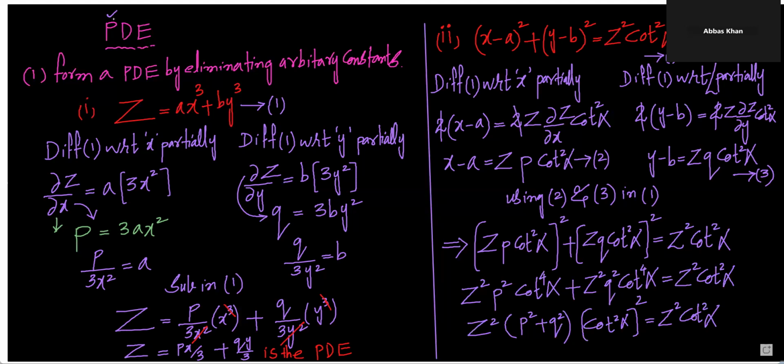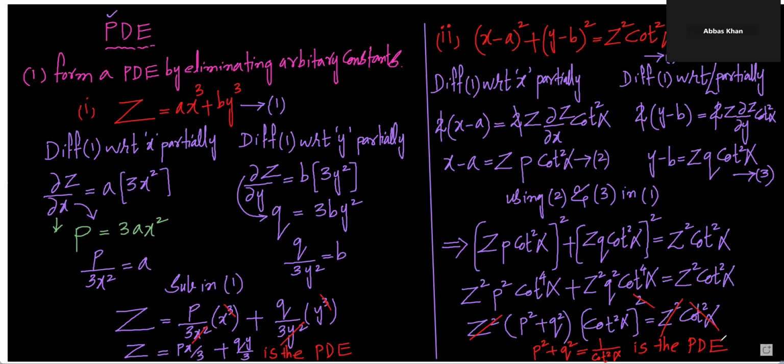Z square and z square cancel, and cot square alpha cancels, one power only. Finally, whatever is left is your answer: p square plus q square into cot square alpha equals 1, or bringing it to that side, p square plus q square equals 1 by cot square alpha. This is the required partial differential equation. You just have to eliminate, and then write the answer. Understand?